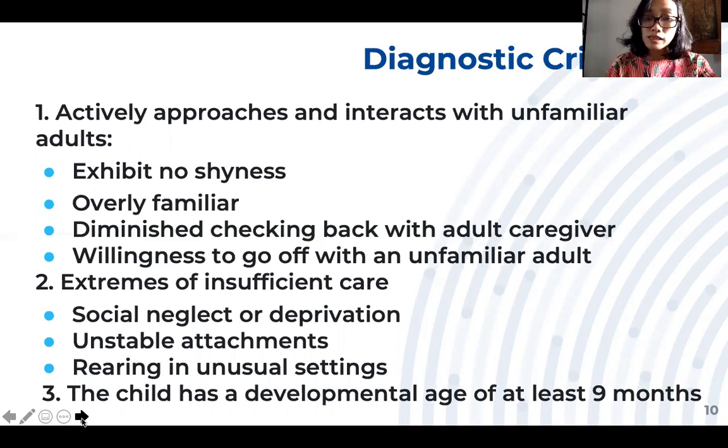Also, unstable attachment, for example, frequent changes in foster care, as well as rearing in unusual settings that severely limit opportunities to form selective attachments with adults, for example, in institutions with high child-to-caregiver ratios. And the child has a developmental age of at least 9 months.